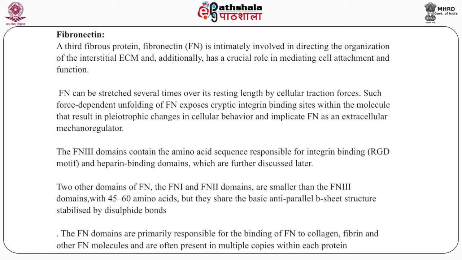The fibronectin type 3 domain contains the amino acid sequence responsible for integrin binding and heparin binding domains, which are further discussed later in this module. Two other domains of fibronectin, the FN1 and FN2 domains, are smaller than the FN3 domain, with 45 to 60 amino acids, but they share the basic anti-parallel beta sheet structure stabilized by disulfide bonds.